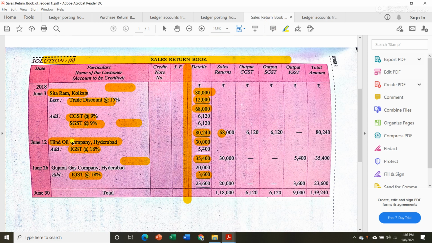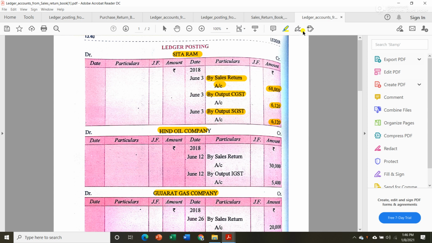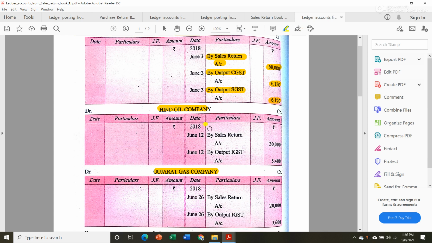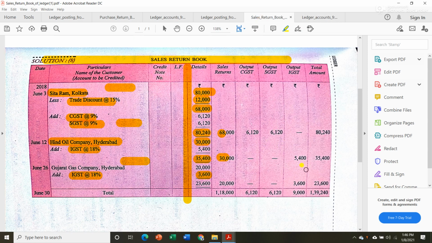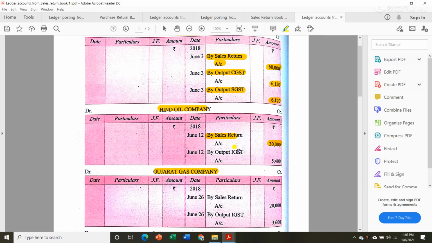Then our next party is Hind Oil Company Hyderabad, so first amount is appearing in sales return account column, so in Hind Oil we will write by sales return account 30,000. Then next amount is appearing in output IGST, so we will write by output IGST account 5,400.